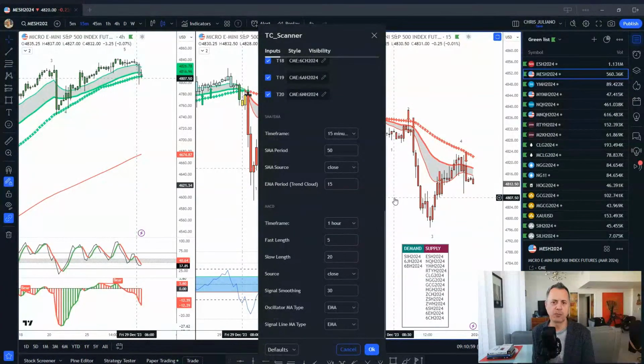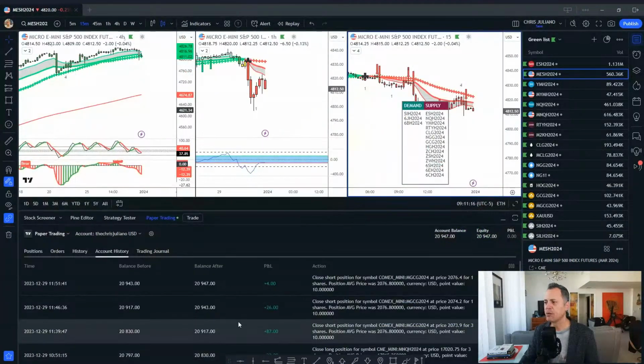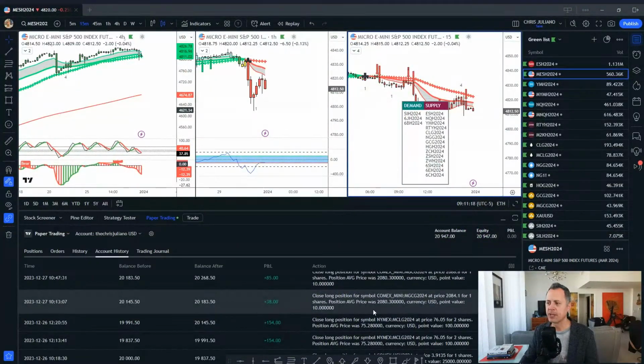And why do we use the opening range breakout? Well, it's there every single day, and we can use that as a strategy with our TrendCloud mapping system. And it works very well. As you can see, that's what we've been doing to grow this small account.